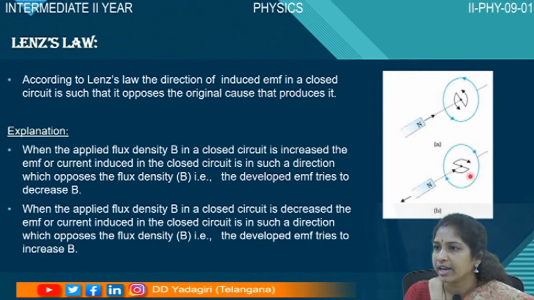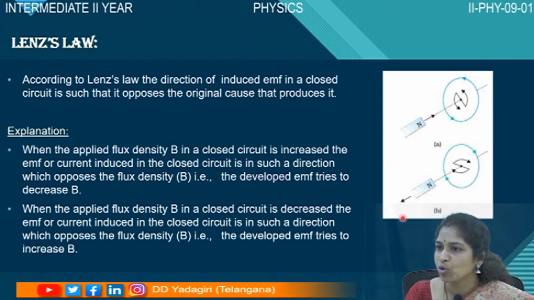We can say current direction is clockwise. And according to Oersted's experiment, when current passes through the coil, it acts like a magnet.